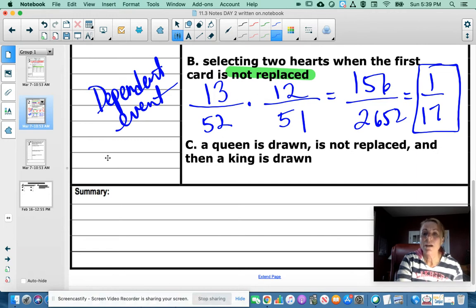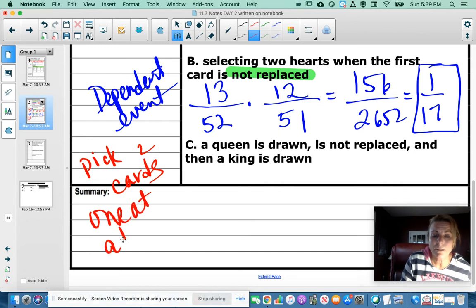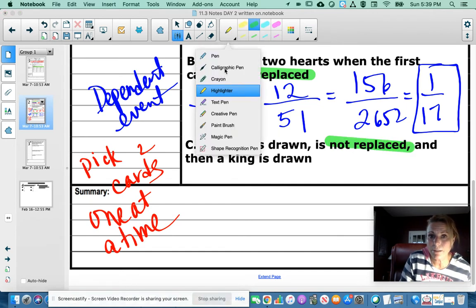Part C, what's the probability that a queen is drawn, is not replaced, and then a king is drawn? So again, we are picking 2 cards, but 1 at a time. The other thing I'm going to highlight is not replaced.